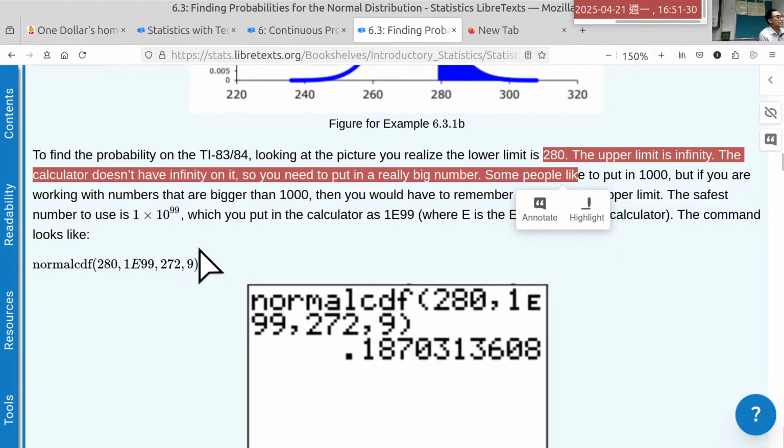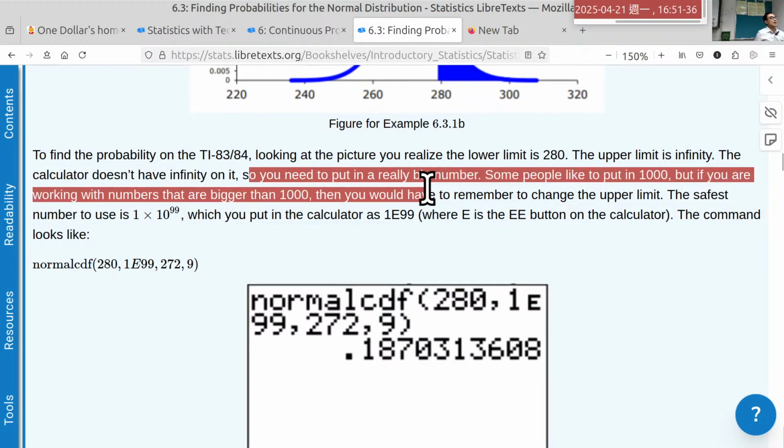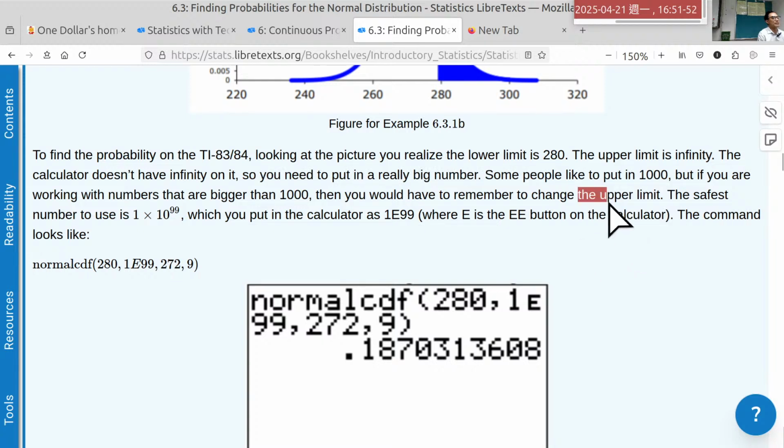The calculator does not have infinity on it. So you need to put a real big number. So people like to put in 1000. But if you are working with numbers that are greater than 1000, then you will have to remember to change the upper limit.